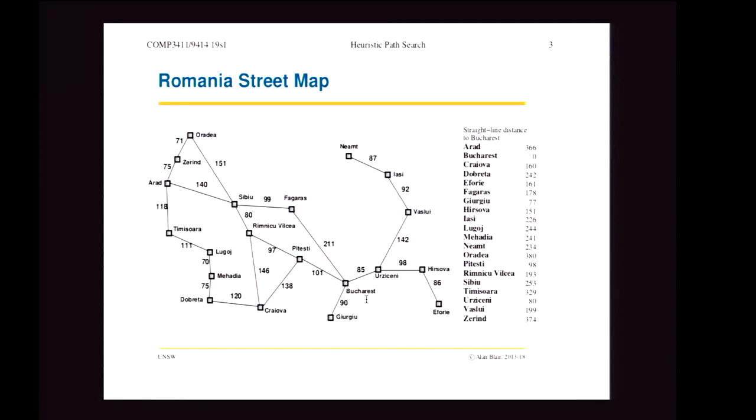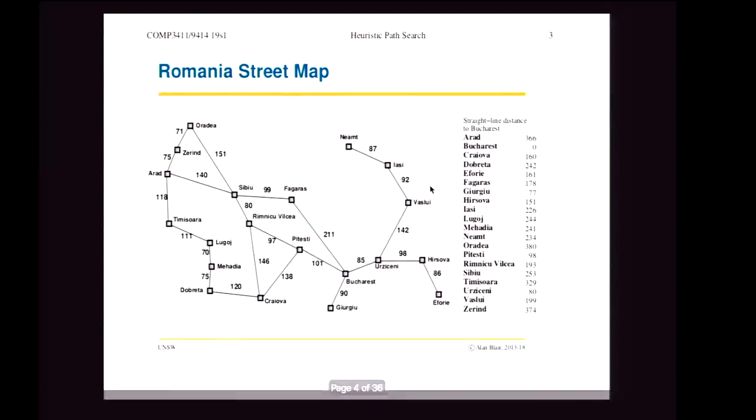For example, for Pitești, the straight line distance is 98, but the road is 101. So the road distance is always a bit longer than the straight line distance. For Făgăraș, the distance is 178, but the road's actually 211 because it has a few twists and turns in it. So this gives you some estimate, but it's a little bit less than the actual driving distance, which is the thing we want to minimize.